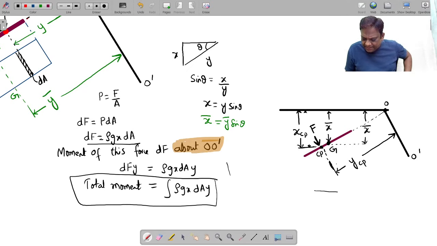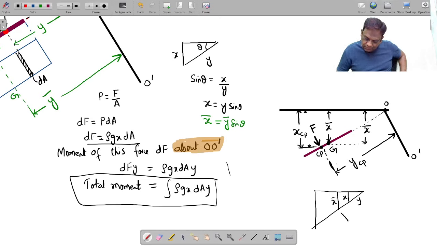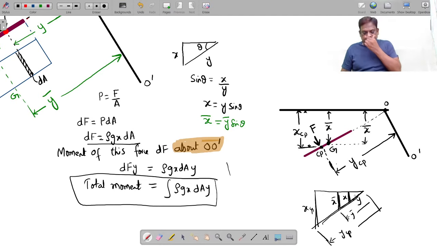If this is x, then this is y. If this is x bar, then this is y bar. If it is xcp, this will be ycp. Very good. So this is ycp.